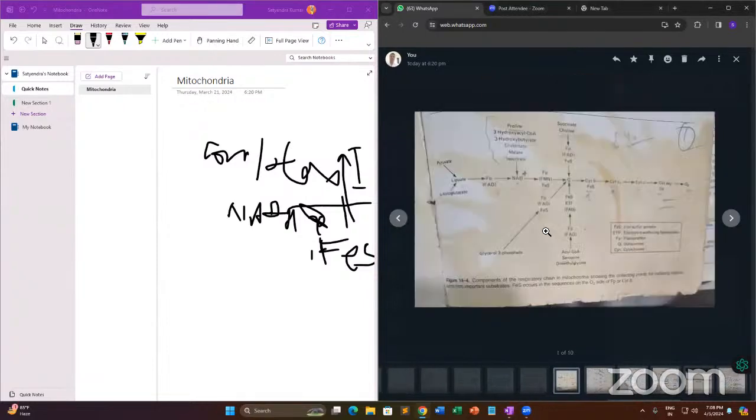I am sharing these slides that you can see here. Either pyruvate, alpha ketoglutarate, or malate is coupled with the enzymes pyruvate dehydrogenase, alpha ketoglutarate dehydrogenase, and malate dehydrogenase, which release the reducing equivalent.